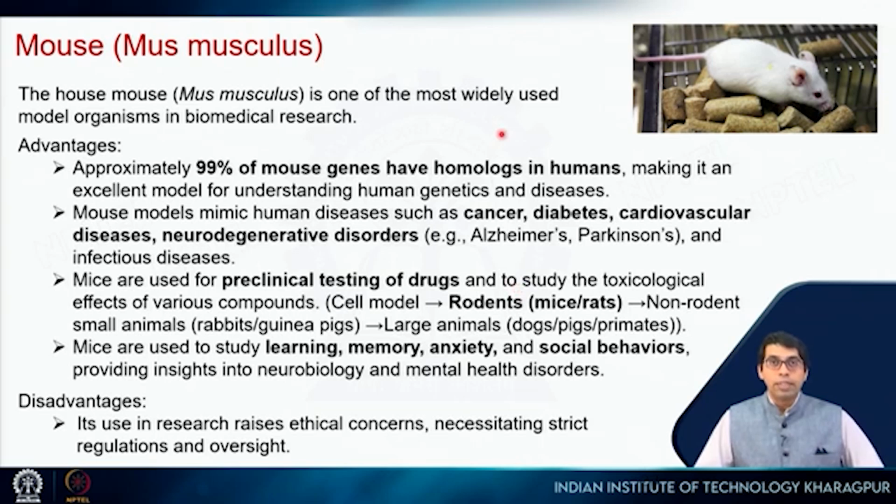Now, the most widely used organism is the mouse model. The house mouse or Mus musculus is one of the most widely used model organisms in biomedical research. So, it has many advantages. Almost 99% of the mouse genes are homologous to human.